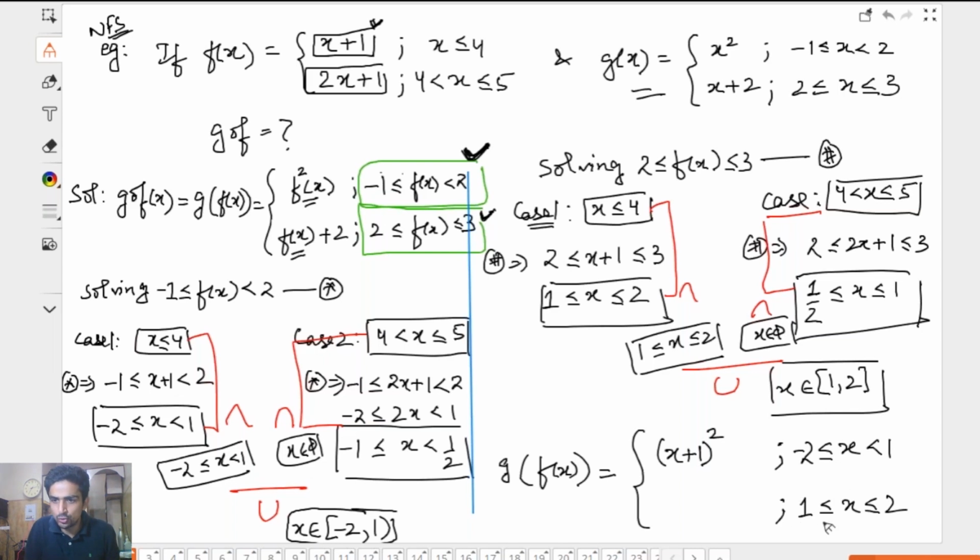So x is 1 to 2. What is the value of f when x is 1 to 2? Again, this one, because x is 1 to 2 means x is lying here. So again x plus 1. So this is your answer.